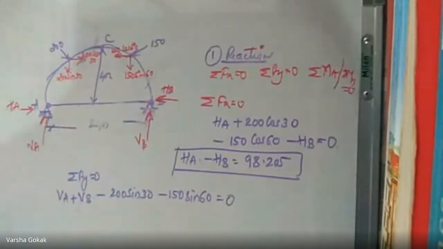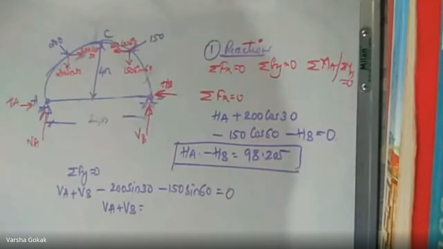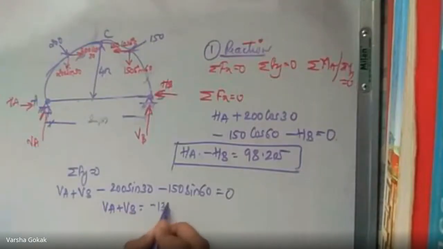These are the two vertical forces. So I'll have an equation VA plus VB equal to, what is this value please? Minus 131.69. Minus 131.69 kilonewtons.